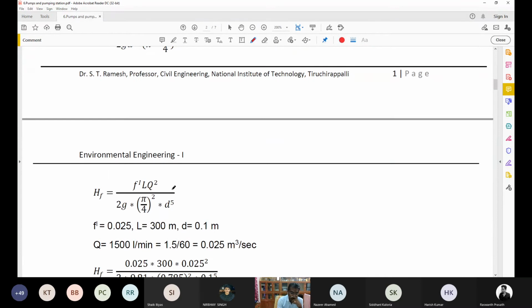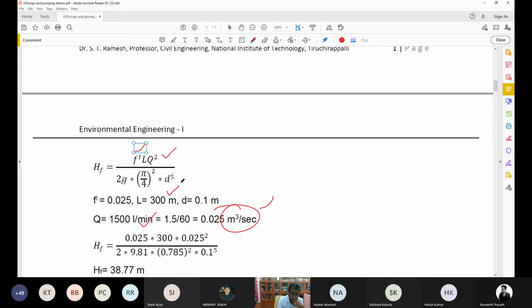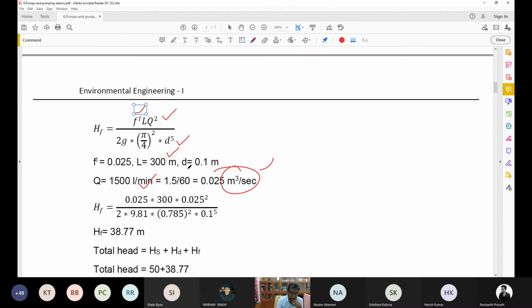F dash and L are given, and Q is given in liters per minute, so you convert it into meter cube per second. The diameter of the pipe is also given, 10 centimeter, so everything is known and you can calculate the loss of head due to friction.